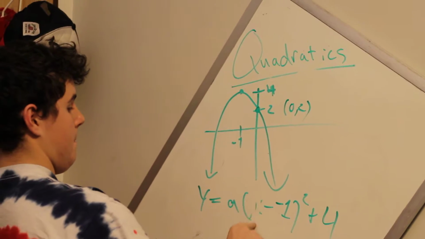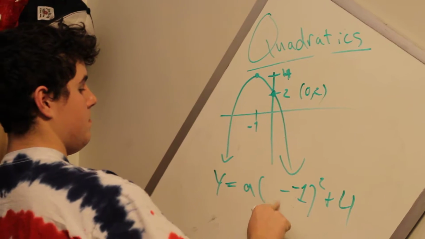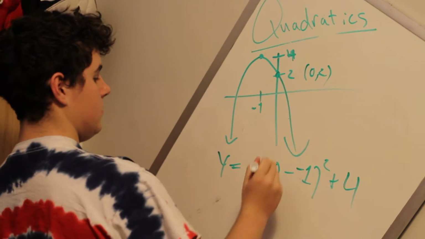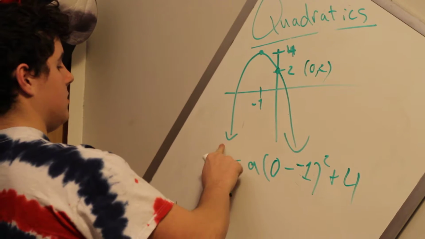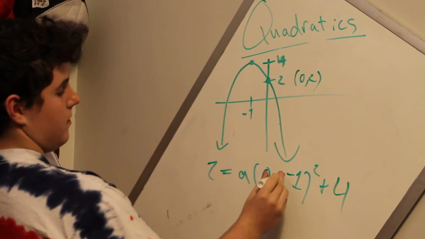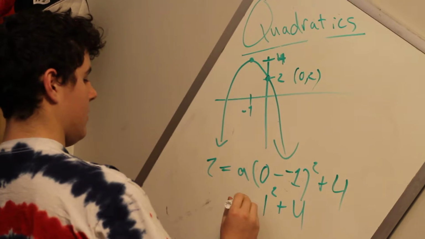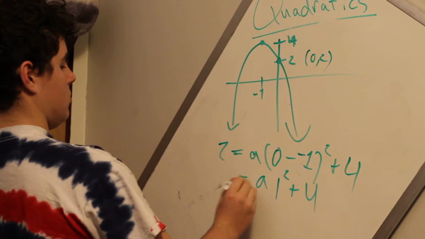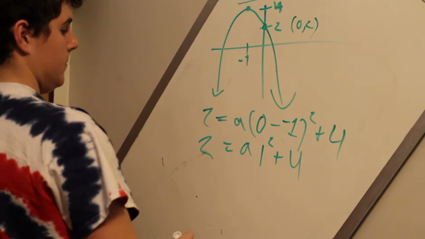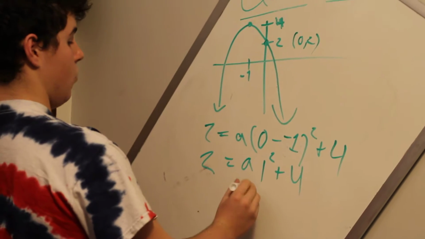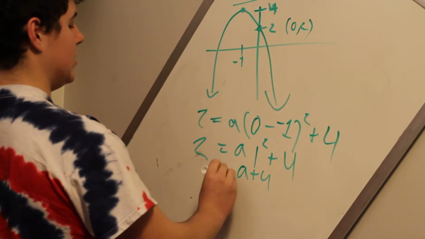So we substitute this bad boy right in, 0 and 2, and we're left with a times 1 squared plus 4 equals 2. So this is basically 1. So a plus 4 equals 2.